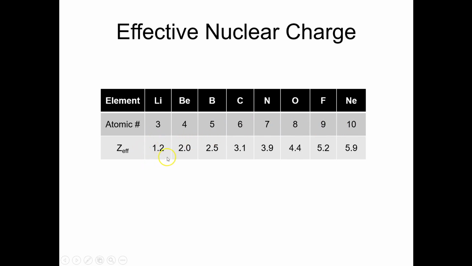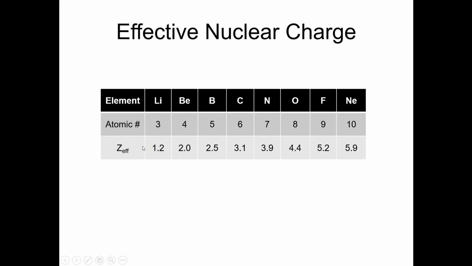And you'll see that lithium experiences an effective nuclear charge of 1.2, which is close to 1, which is what we said things in group 1 were likely to experience. Neon experiences an effective nuclear charge of about 6. And so that's about 5 times as much. It is feeling a positive charge from the nucleus which is about 5 times as much as what lithium is feeling.